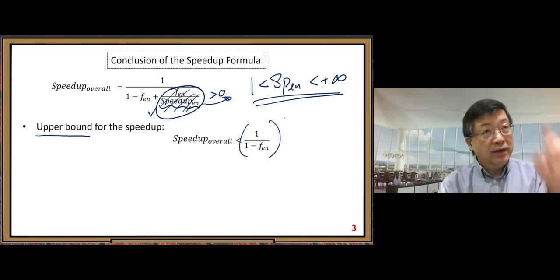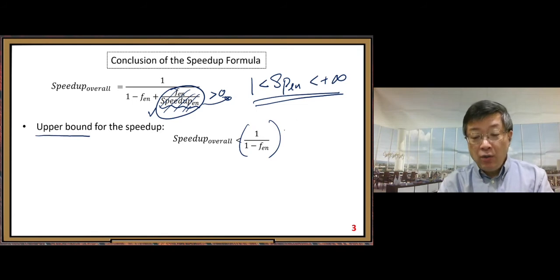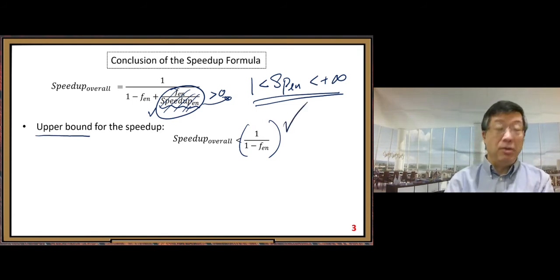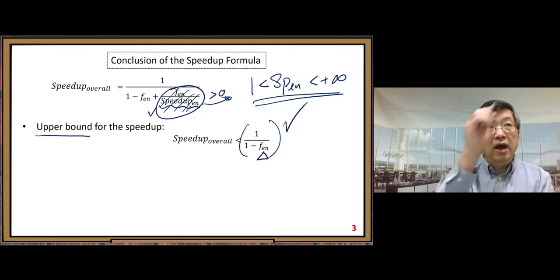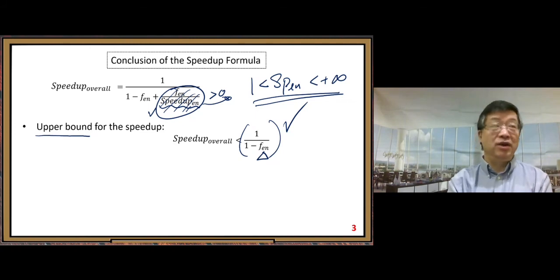In this upper bound, you do not see local speed up. That means no matter how large the local speed up is, we have this upper bound. And this upper bound is only determined by FEN. That is our conclusion.